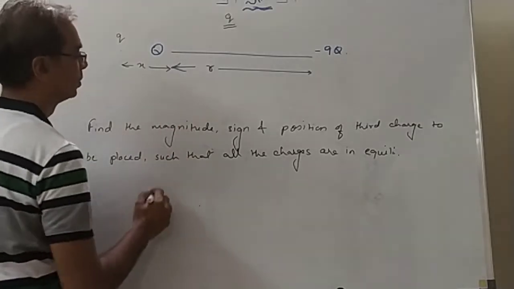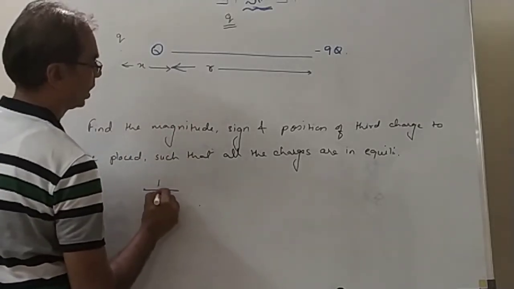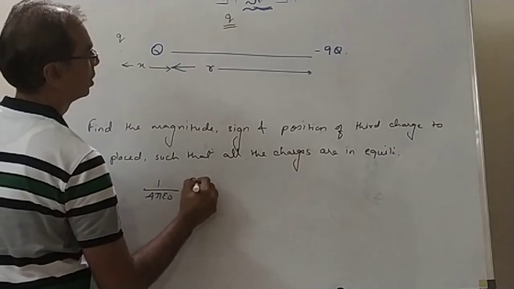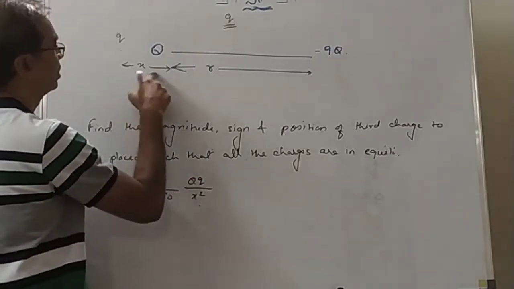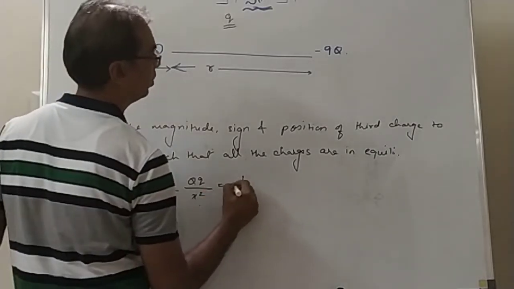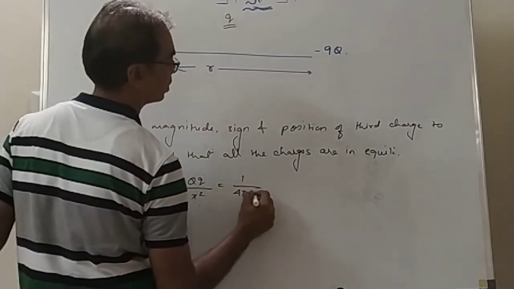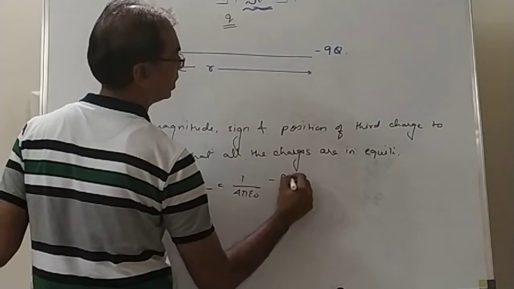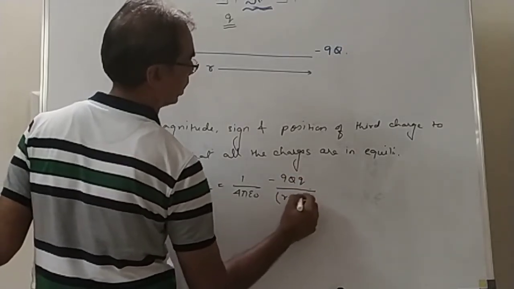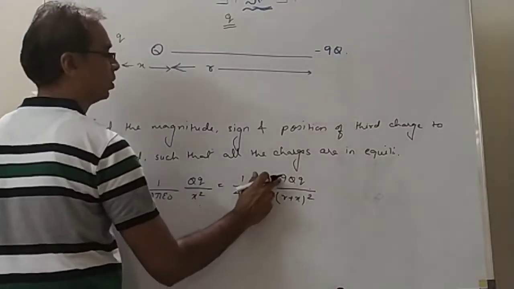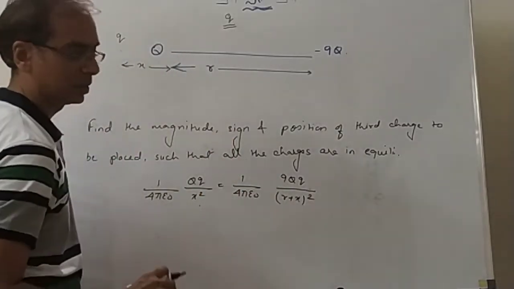So let's equate 1 by 4 pi epsilon naught q q by x square, this is x, equal to 1 by 4 pi epsilon naught 9q q by r plus x whole square. The minus we don't write normally, so let's remove it.